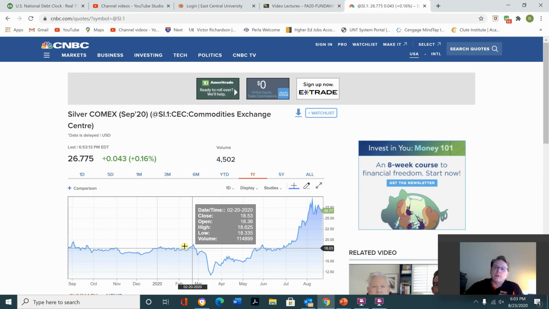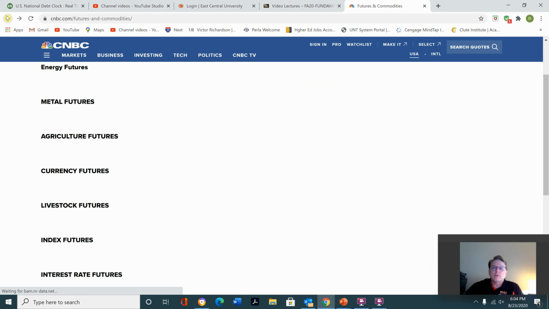So even pre-COVID at $18 compared to today $26, that's still a large inflationary pressure, almost 50% higher than it was even at pre-COVID levels.